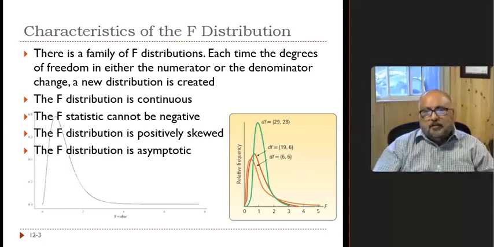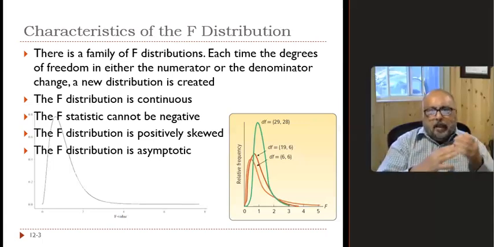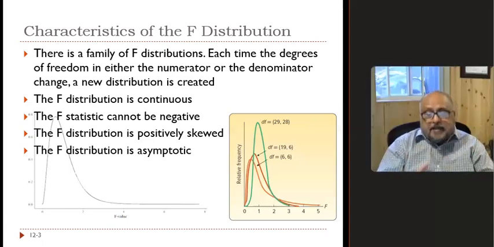As the degrees of freedom increase for both numerator and denominator, the F distribution slowly starts resembling a normal distribution. All right.